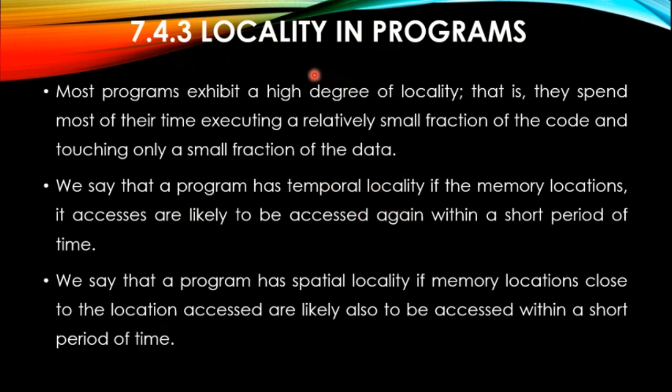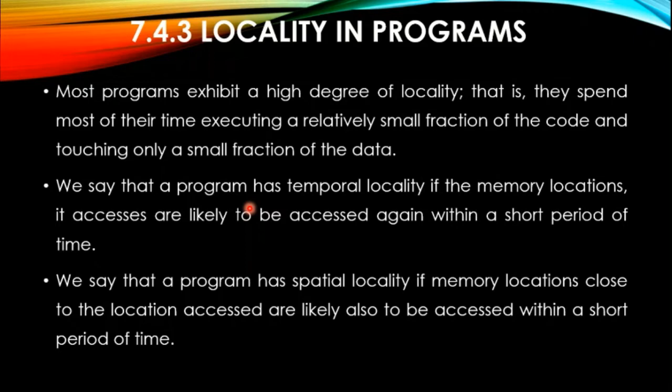So locality in programs means we can decide in which type of locality a particular program performs. There are two types of localities available: temporal locality and spatial locality. For example, we say that a particular program has temporal locality if the memory locations it accesses are likely to be accessed again within a short period of time.